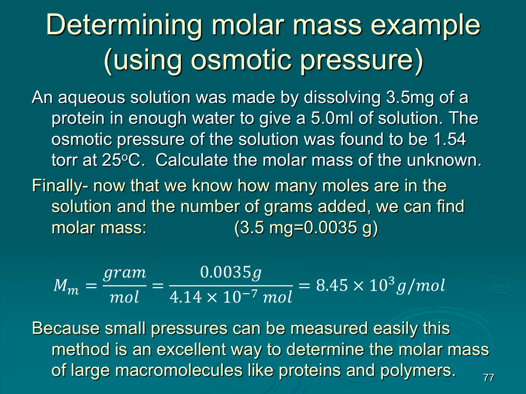So first we find the concentration, and then we multiply by the actual volume given, either 5 milliliters in this case, or in the last case kilograms of solvent. Once we find the literal number of moles and the literal number of grams, because that's what we put in, then we can find the molecular weight.